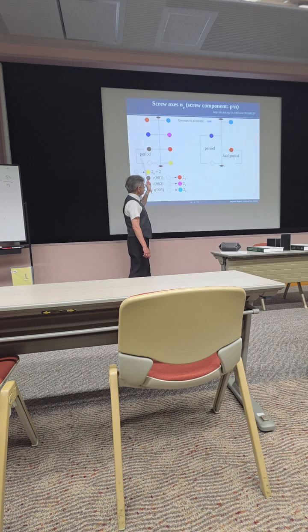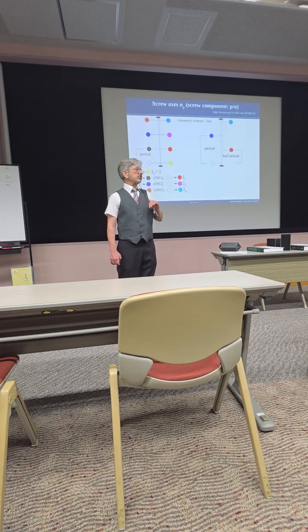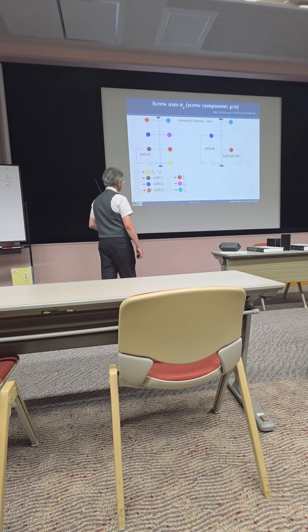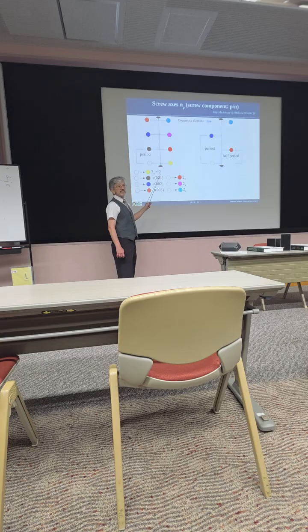Among all these infinitely many operations, the one that has the shortest translational component is 2, 0. So this is the defining operation, the operation that gives the name to the symmetry element.